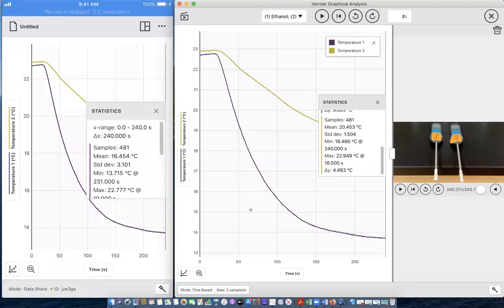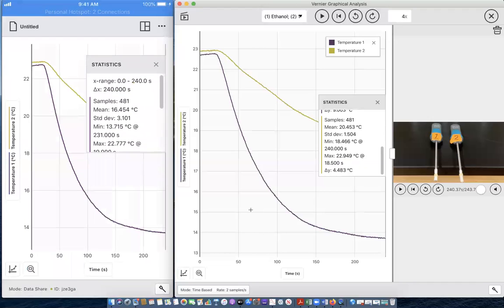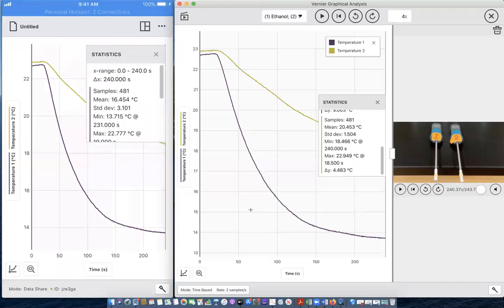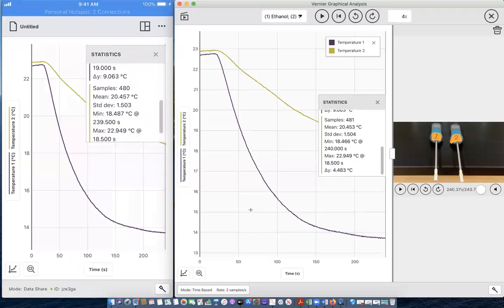They would have to do their own statistics, turning that on by using the graph tools down the bottom. They should be getting the same answers as they look at the data, because basically we're just doing statistics of the entire trials that we had for the ethanol and the 1-propanol.